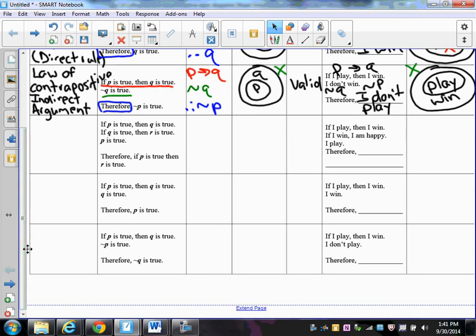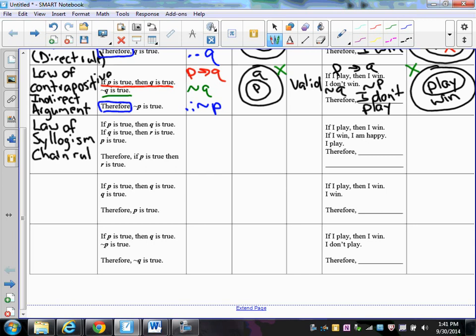Moving on, the next one is the law of syllogism. Sometimes this is called the chain rule. So we have if P is true, then Q is true. So in symbols, if P, then Q. The next line says, if Q is true, then R is true.